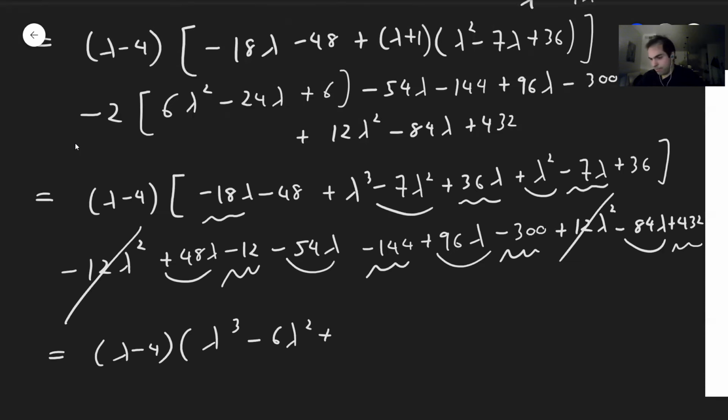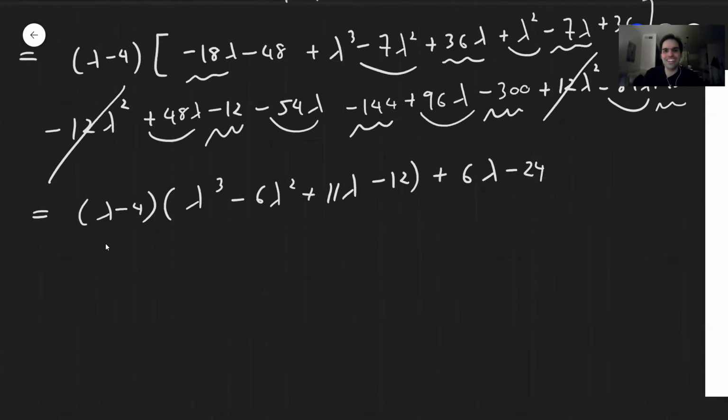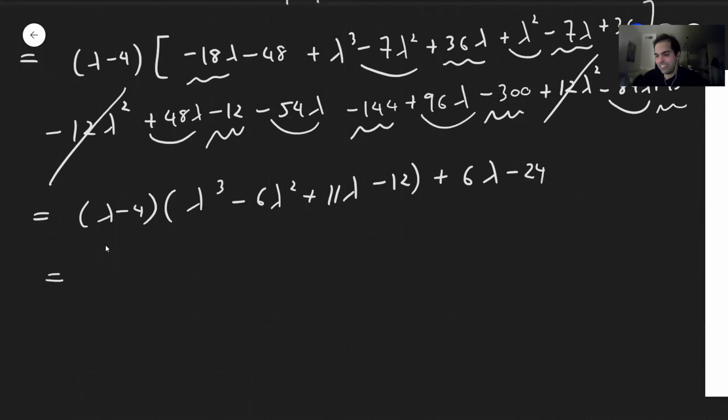That's lots of lambdas. 11 lambda, and then minus 12, so 36 minus 48. And this, surprisingly, just simplifies to something easy, plus 6 lambda minus 24. And then we're almost done with the eigenvalue. So now just expand this out.